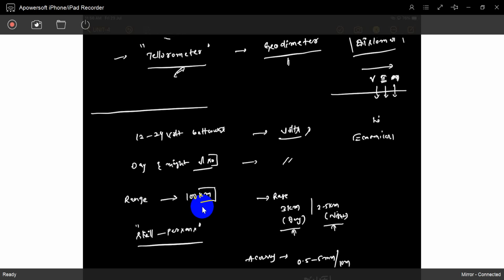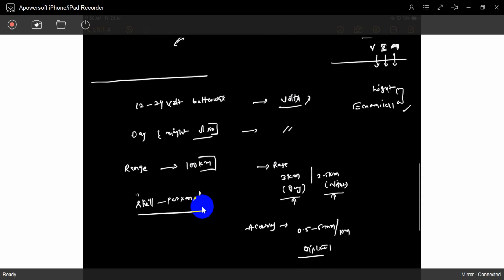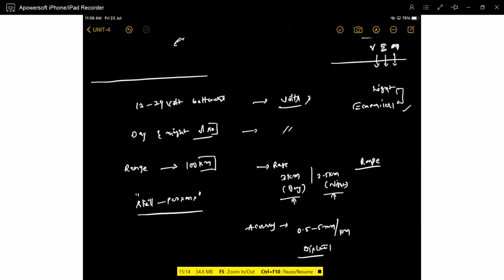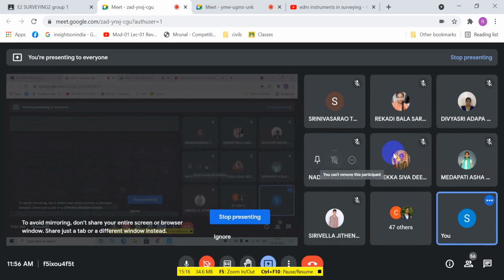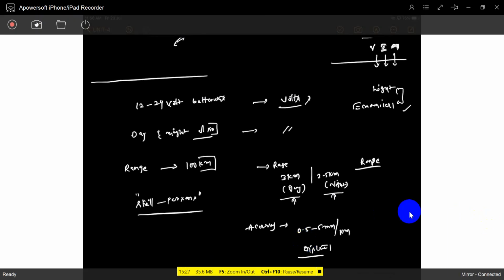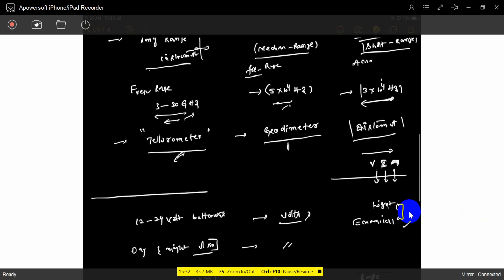These are light and economical. If you see the accuracy, what is the range? The range is 3 kilometers.